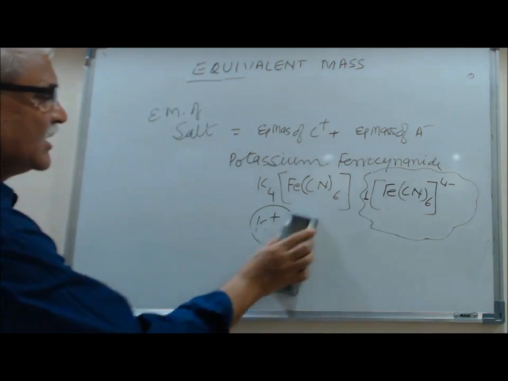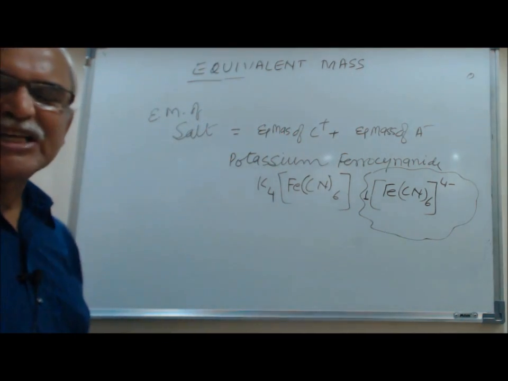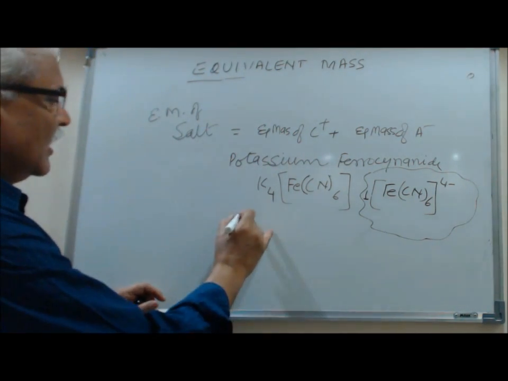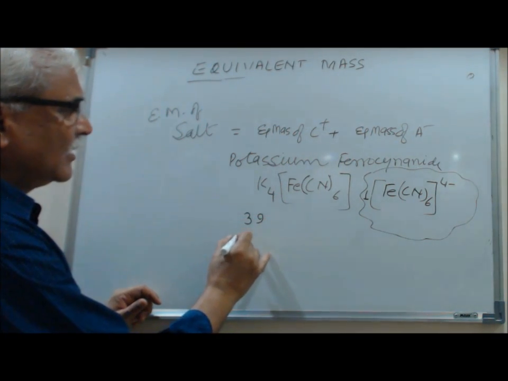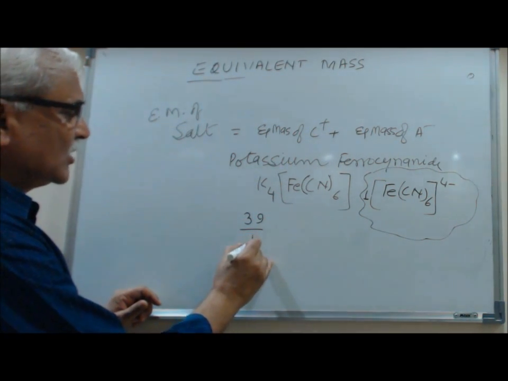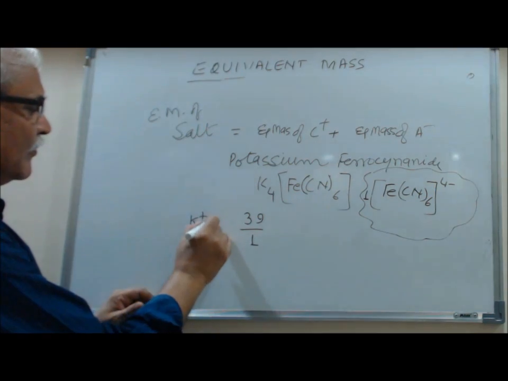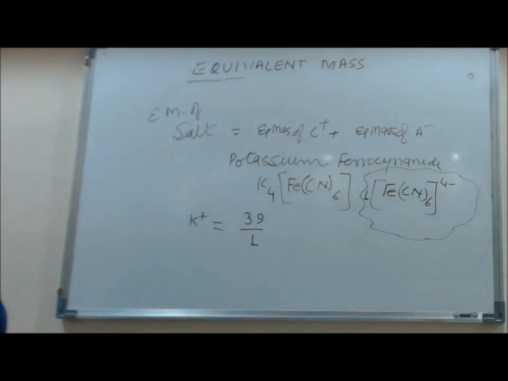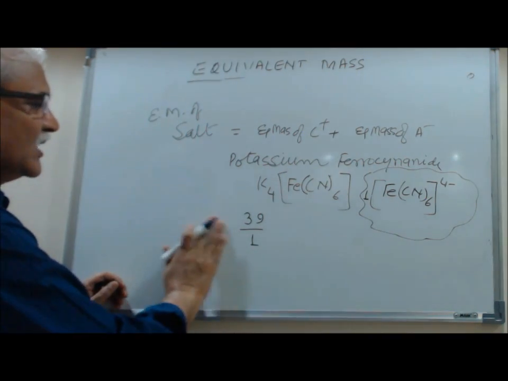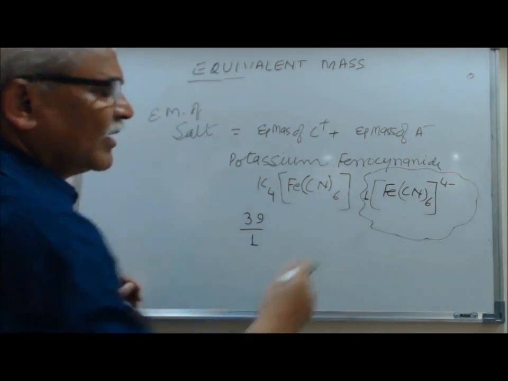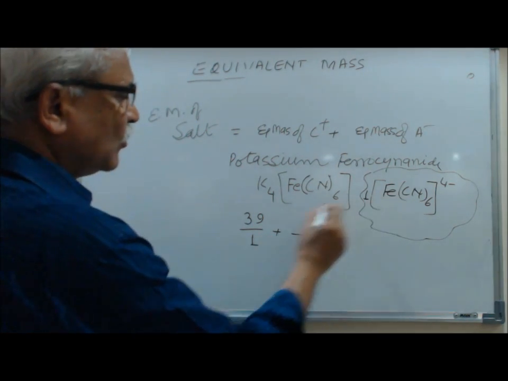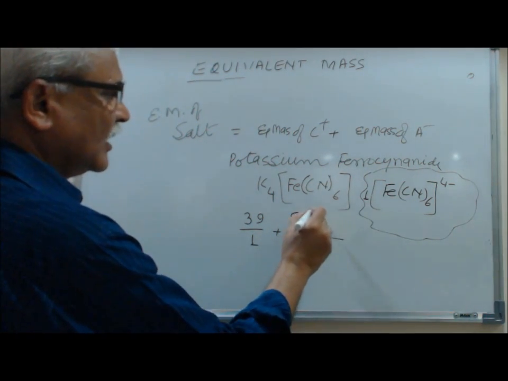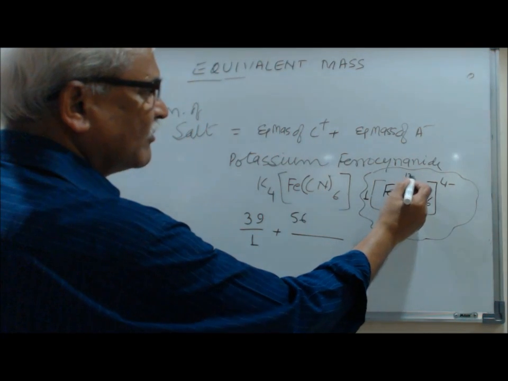So the rest is simple. What is the equivalent mass of the potassium ion? The atomic mass in this case will be the same as the molecular mass, 39. What is the charge on potassium? +1. So 39 by 1 will be the equivalent mass of potassium. What about ferrocyanide? Same formula, molecular mass. Iron, if you know, is 56. Carbon is 12.